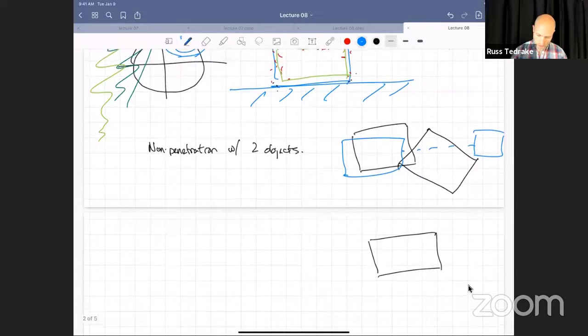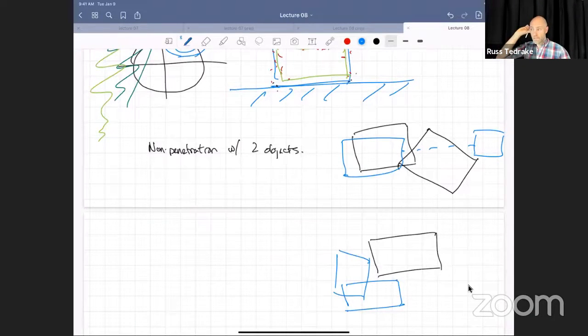But you can imagine a box you're happy with here, a box you're happy with here, but the box that's rotated in between it is not a valid constraint. So in general, non-penetration constraints you would think of as being non-convex constraints.